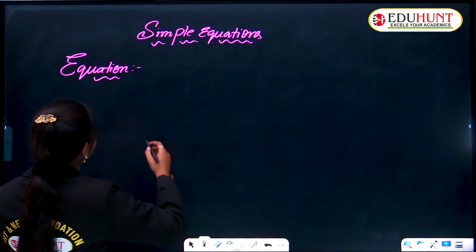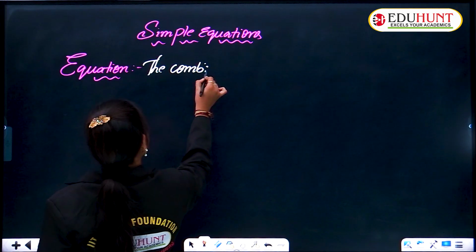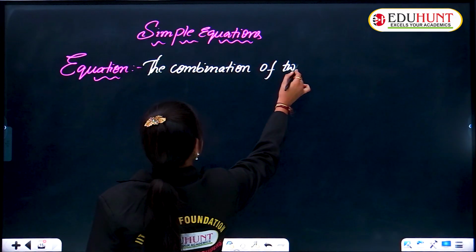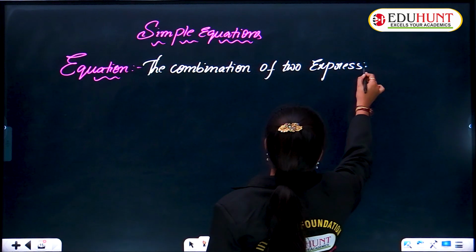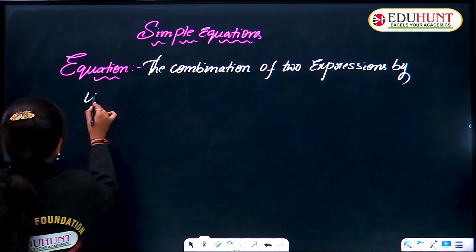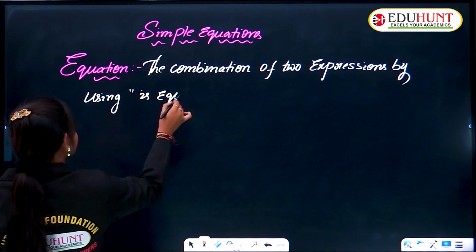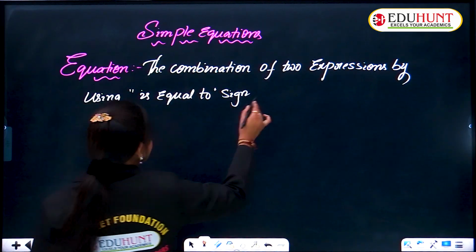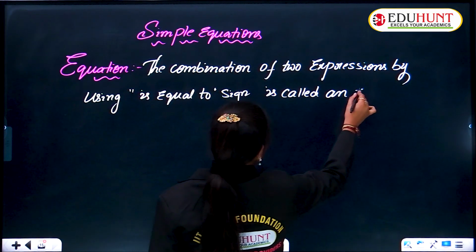Now see the definition: the combination of two expressions by using the is equal to sign is called an equation.